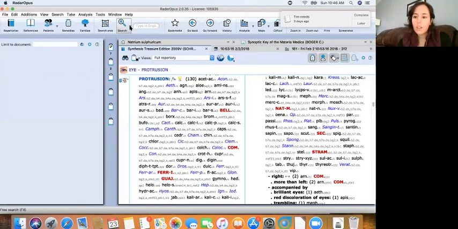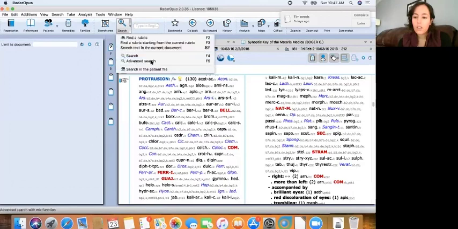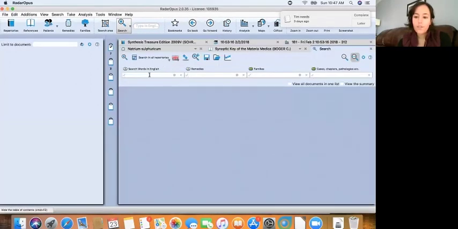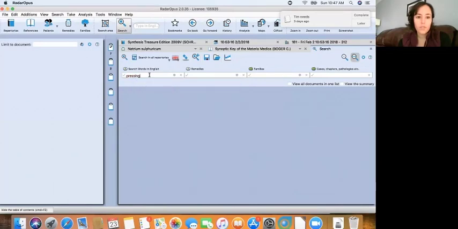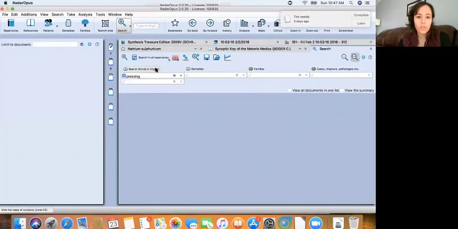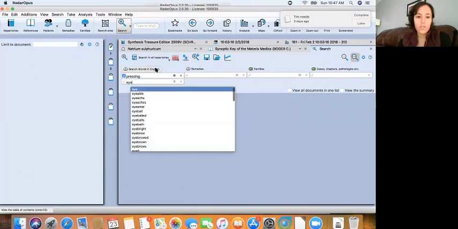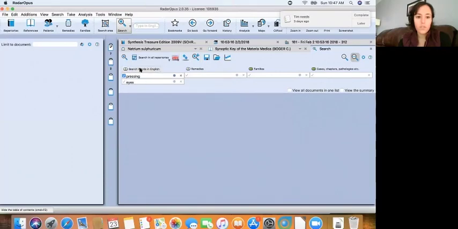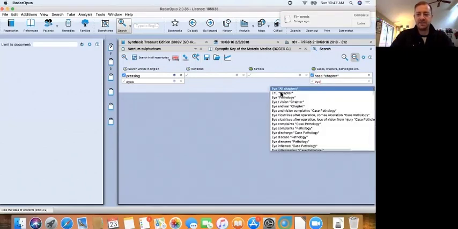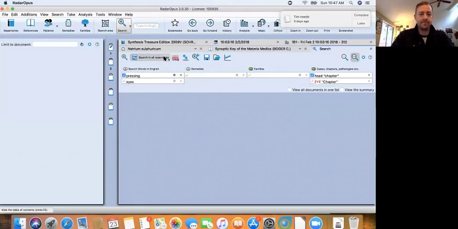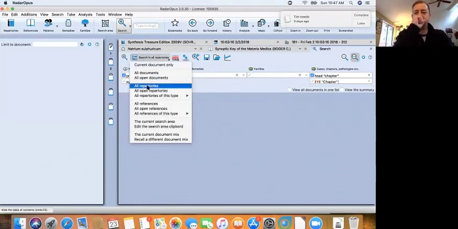So let's go to the search function. Let's see, pressing, eyes. So I'm putting in the word pressing and eyes, and we'll look on the head chapter, the eye chapter, search.